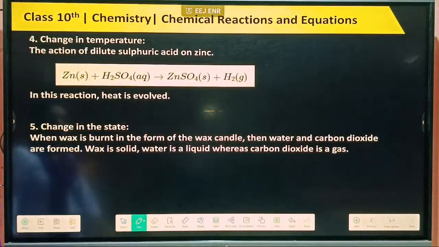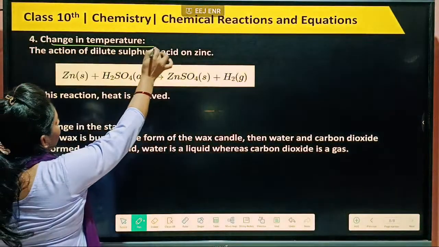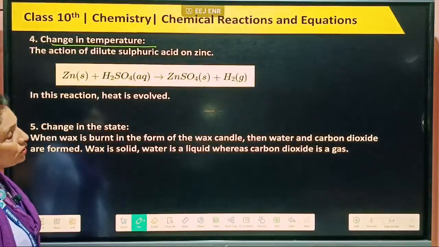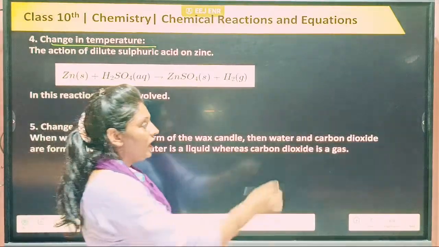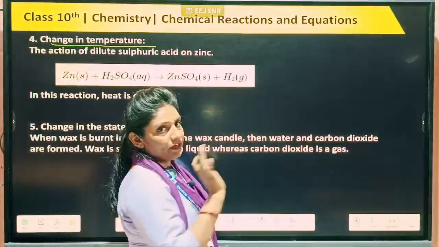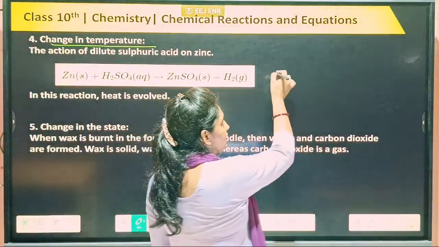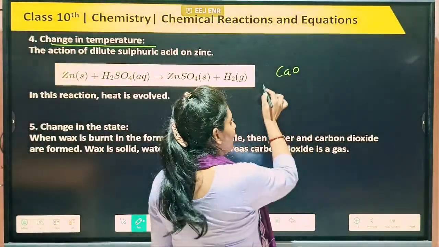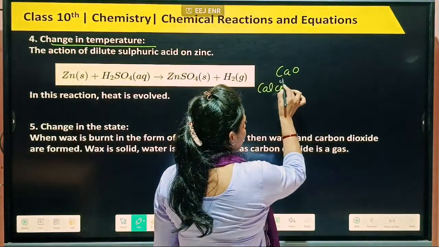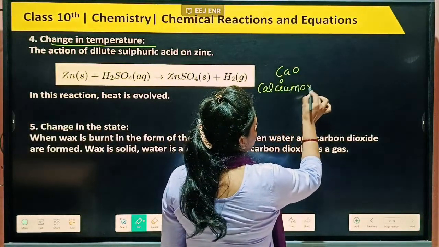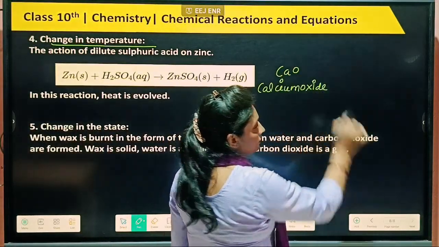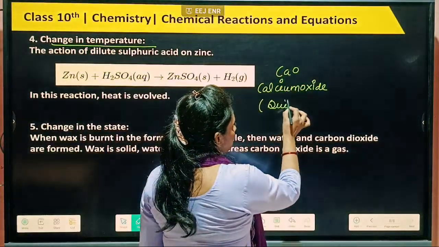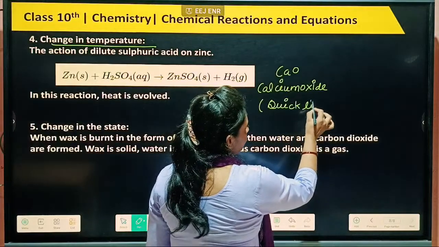Next one, students, is change in temperature. First of all take a common example. If you have CaO, what is CaO? Calcium oxide. You can say quicklime.